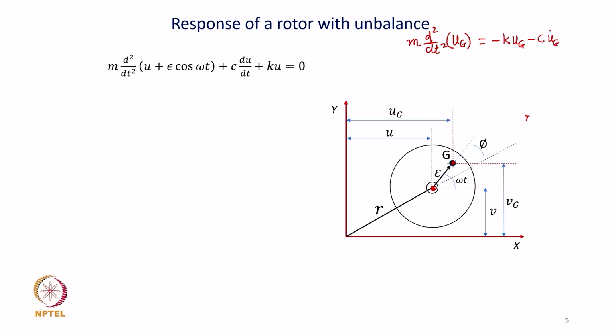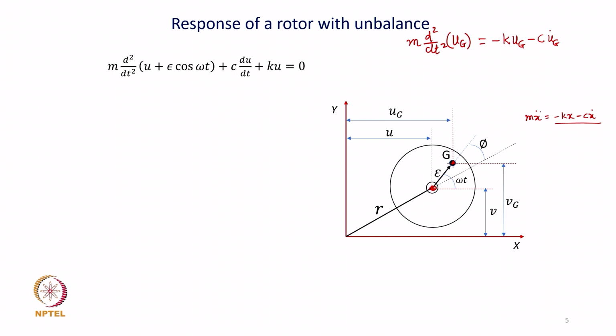You remember we have written mx double dot equal to minus kx minus cx dot, right. These are the restoring force and the dissipating force, they are acting opposite to the direction of the motion, the x as well as x double dot. Now, why is this not correct?